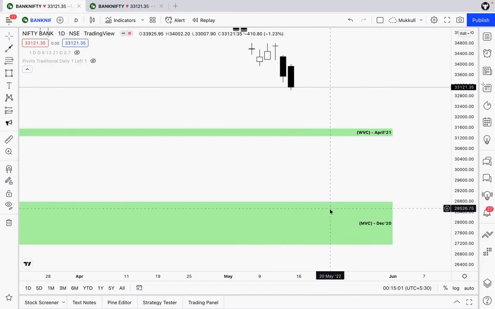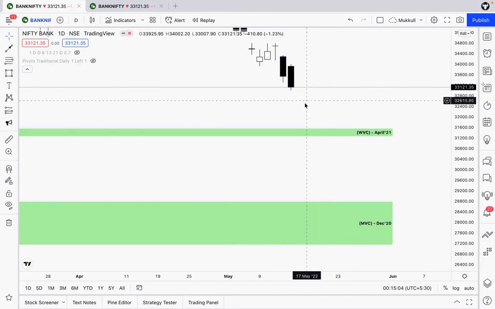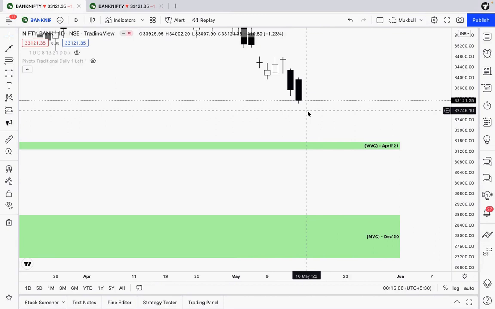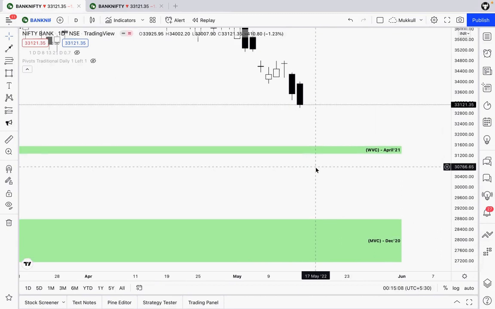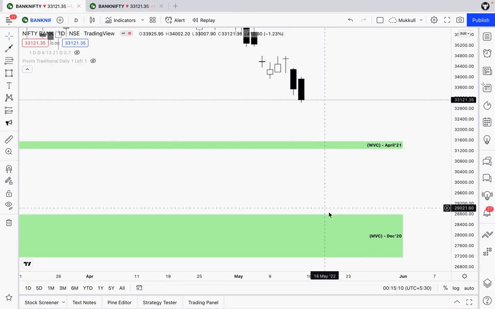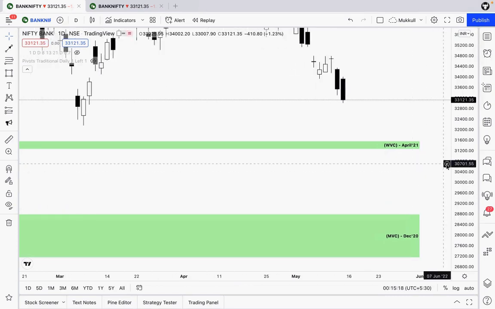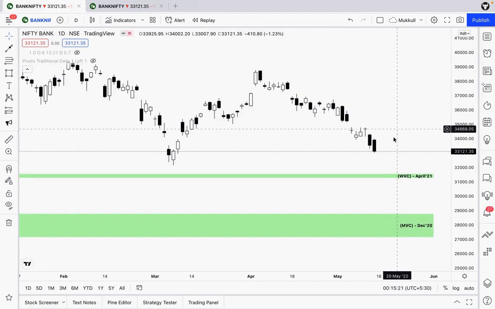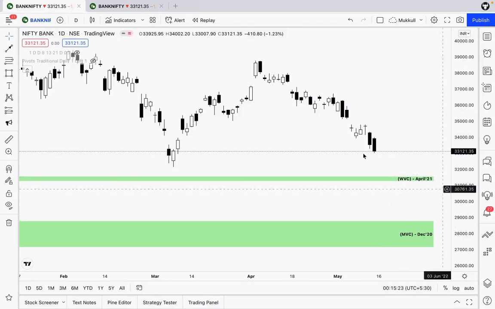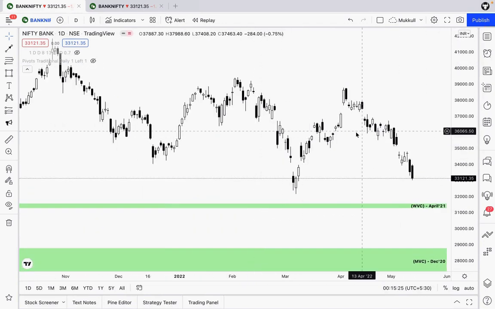This is just for safety purposes if any kind of global news is hitting the markets, so that we should be ready with our levels or zones to take a particular trade or accumulate for a long-term purpose.